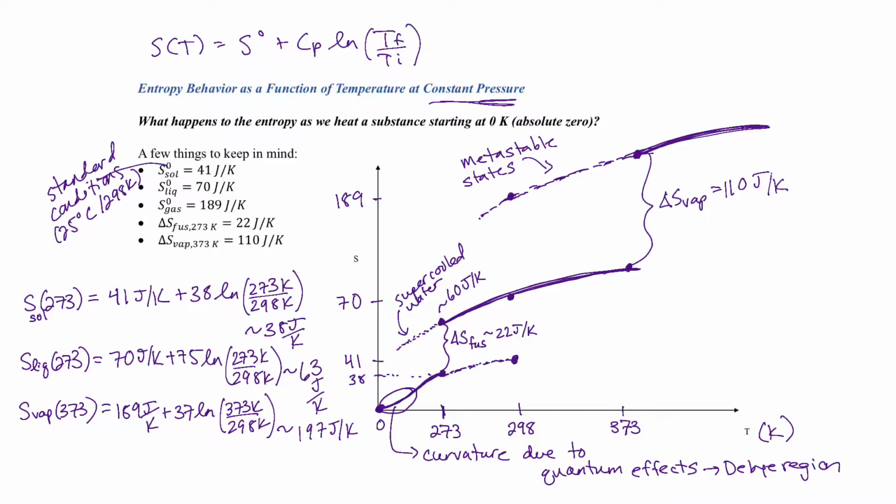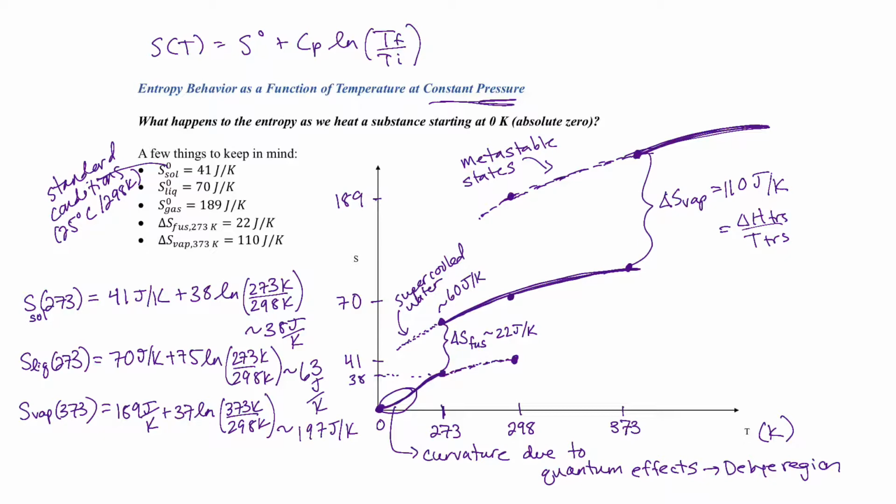That is what you would calculate using delta H of your transition over, not delta T, but T of your transition. So you get the same value there.